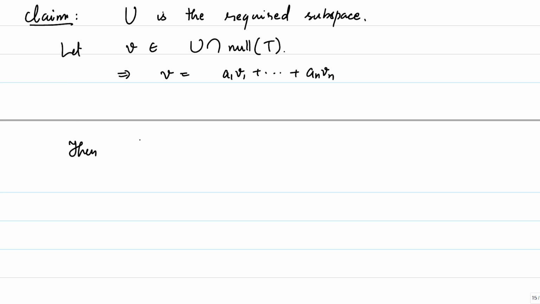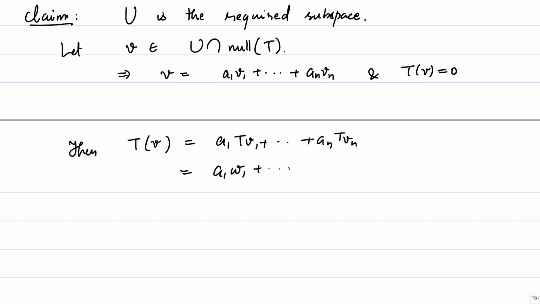Then what is T of v? T of v is 0, because it is in the null space. But what is T of v? T of v is a1 T v1 plus up to an T vn, the standard trick which we have been using so many times. This is equal to a1 w1 plus up to an wn.